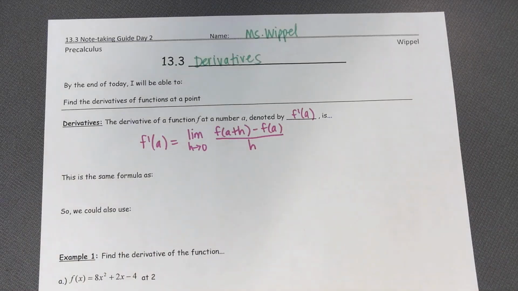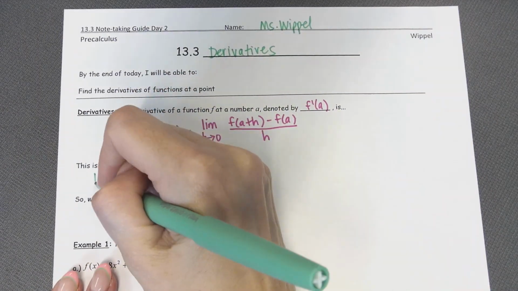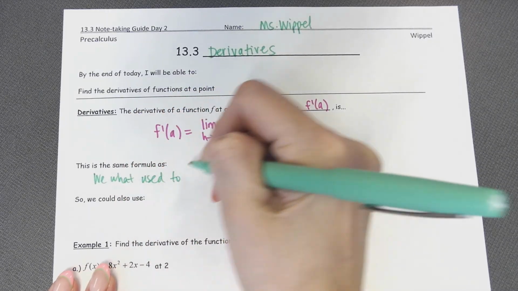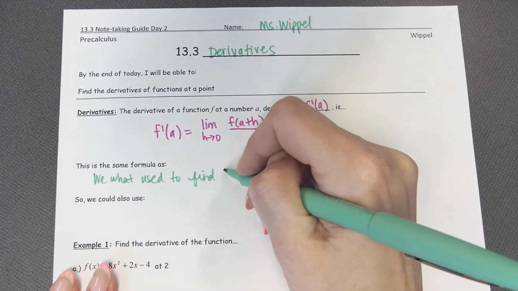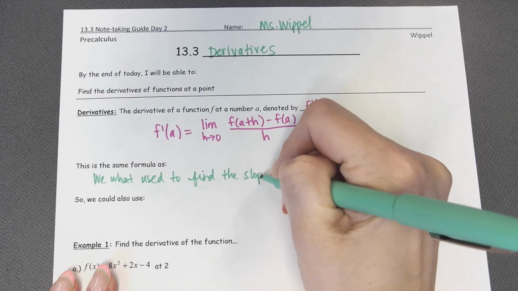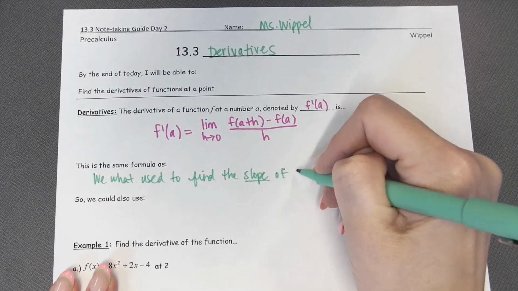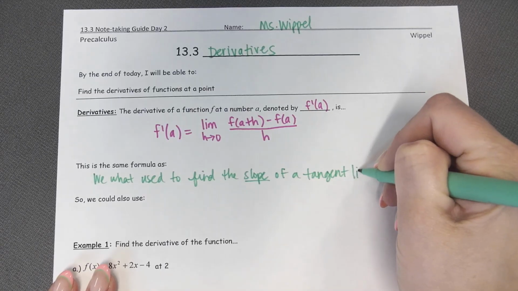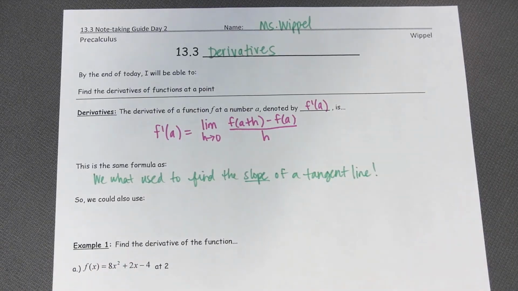This is the same formula we used to find the slope of a tangent line. They are one and the same. So when you are finding a derivative, you are finding the slope of the tangent line. When you are finding the slope of the tangent line, you are finding a derivative.